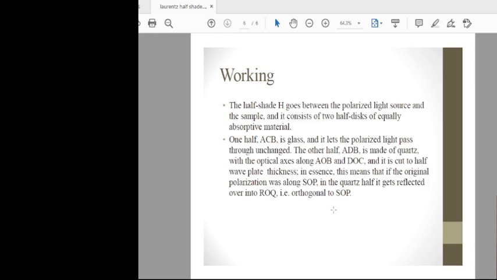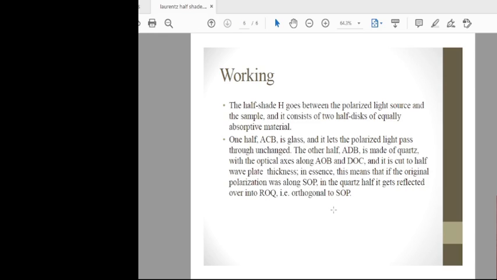The graph is a straight line, and using the value of the slope, the specific rotation of the optically active substance can be calculated. In this way, friends, the Lorentz half-shade polarimeter works.